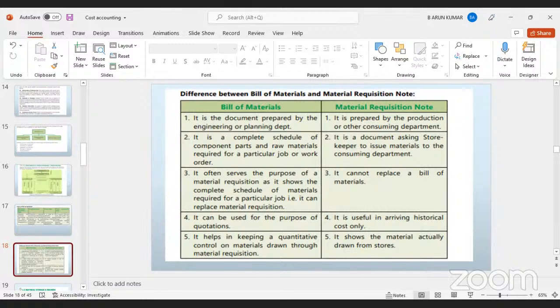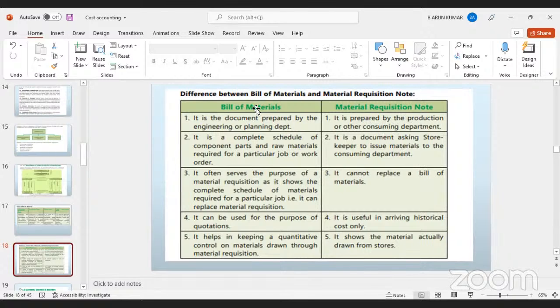This bill of material is required for a particular schedule, which means yearly two or three times, or monthly once. Likewise, the material requisition note is prepared. It is a document asking the storekeeper to issue the materials to the consuming department.